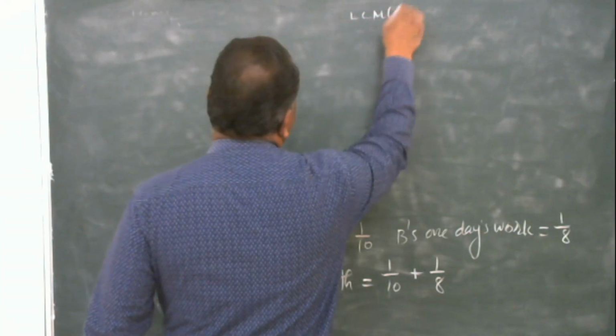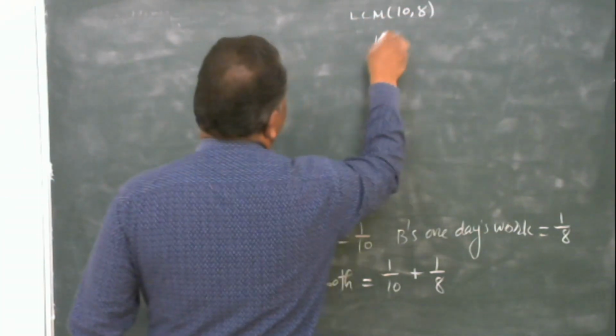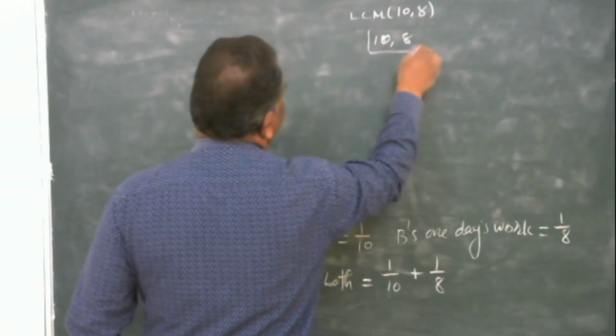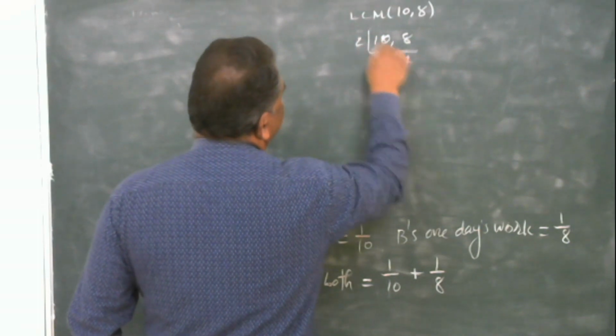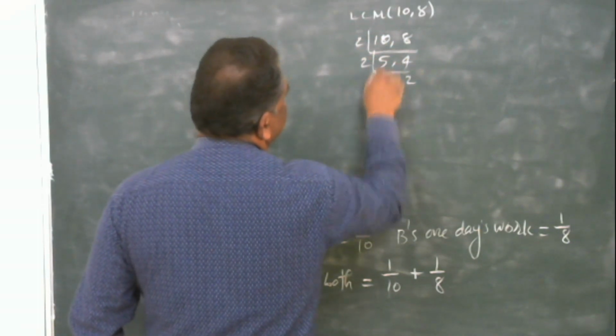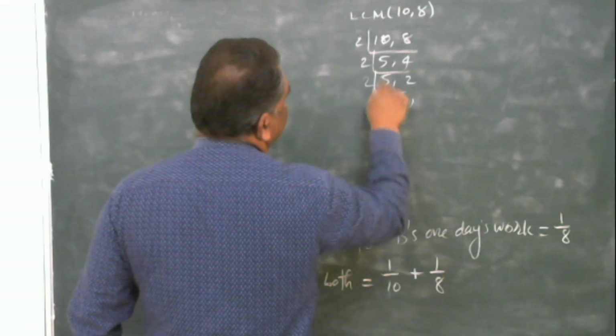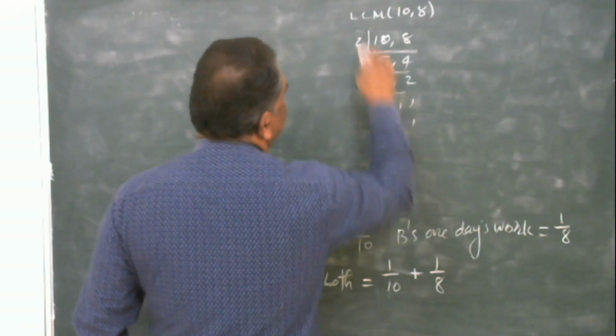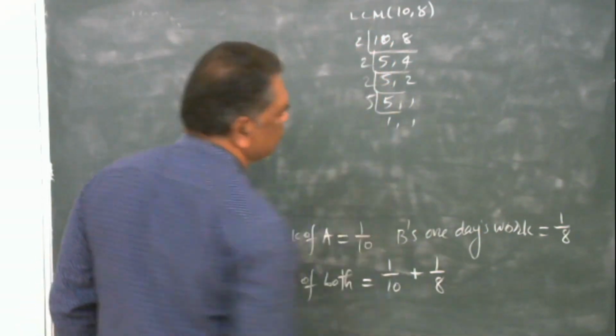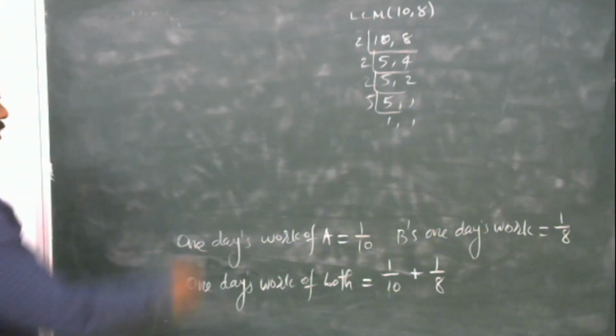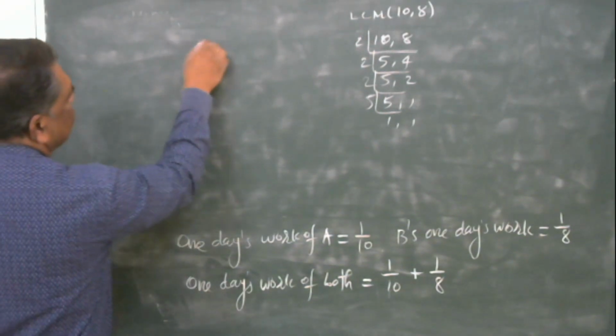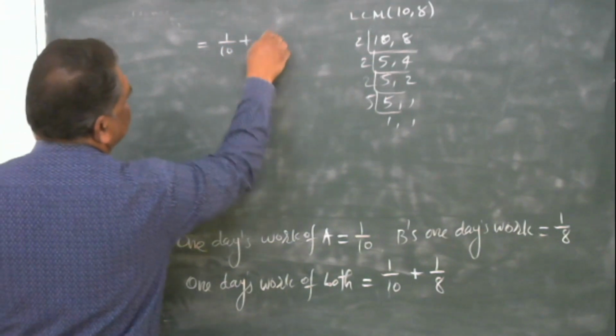First let me find LCM of 10 and 8. So 10, 8, divide by 2, 5, 4, again divide by 2, 5, 2, again divide by 2, 5, 1, again divide by 5, 1, 1. So 2 2s are 4, 2 4s are 8, 8 5s are 40. LCM is 40. So let me add 1/10 plus 1/8.